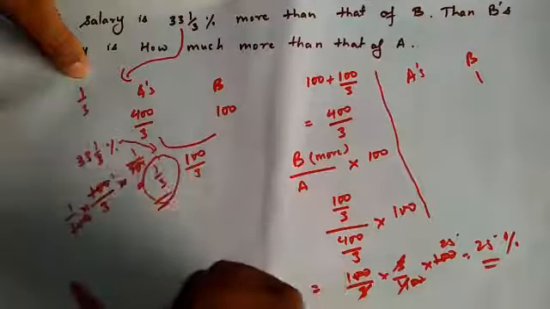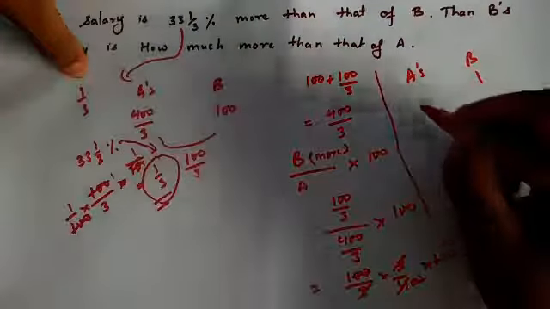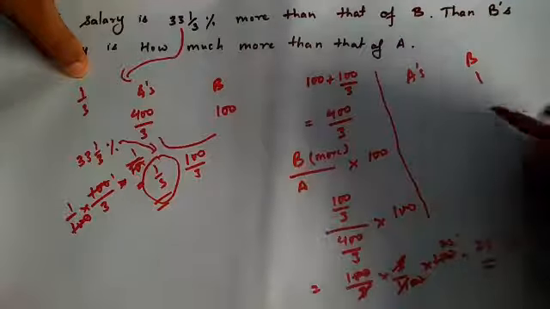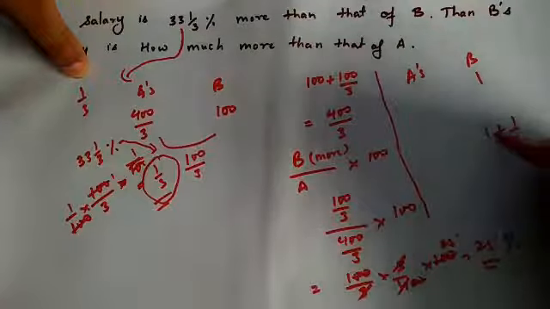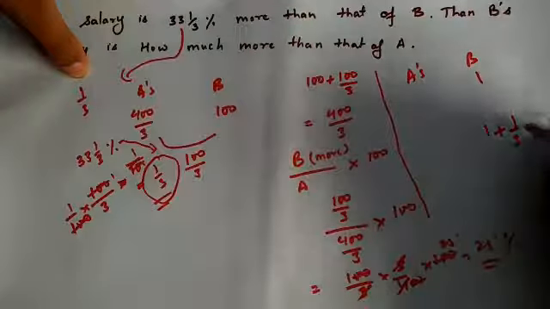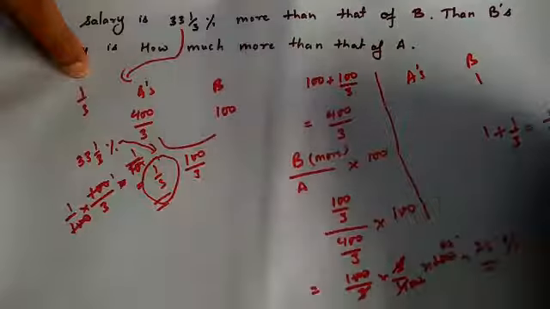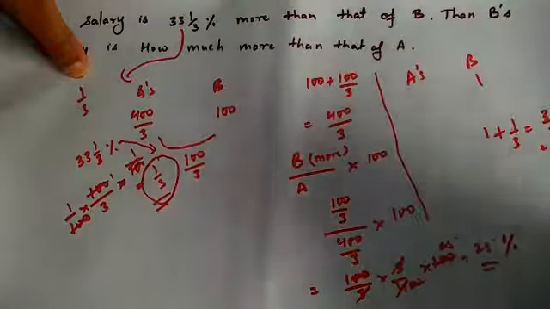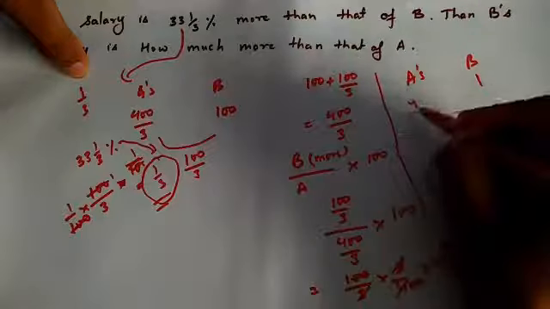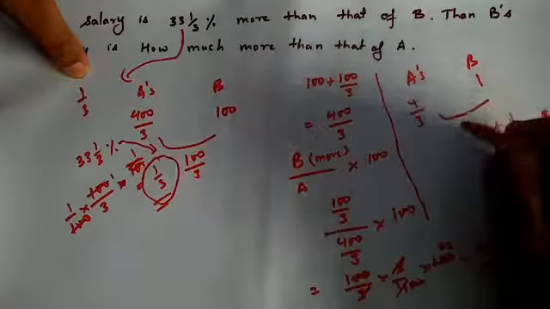So A is greater by 1 by 3. If I take B as 1, then A becomes 3 plus 1, that is 4 by 3. So A is 4 by 3. The difference between them is 1 by 3.